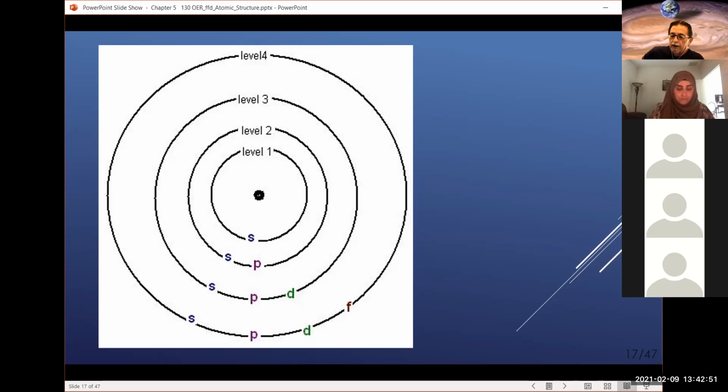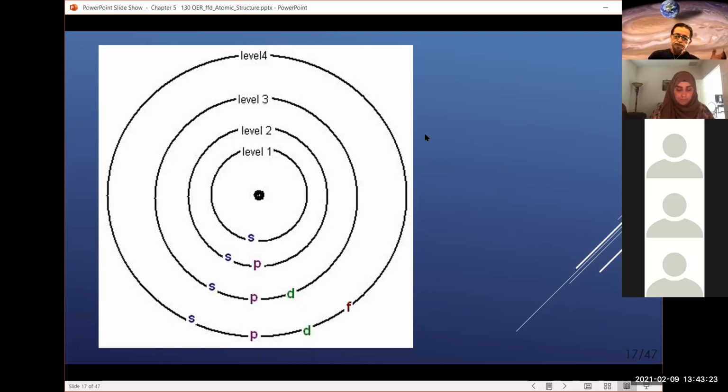We're going to find that these orbits have a specific shape based on the mathematical equation that represents the S orbits and plotting its data. And the same is true for the P, the D, and the F orbits. They're nothing more than mathematical equations that have had data plotted on them, and they represent the probability of the electron being somewhere in a three-dimensional space.